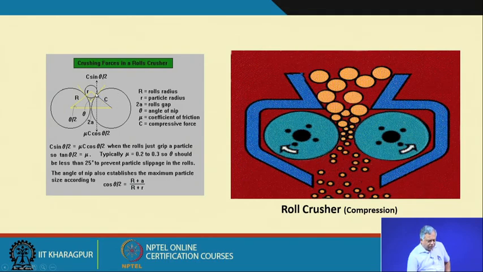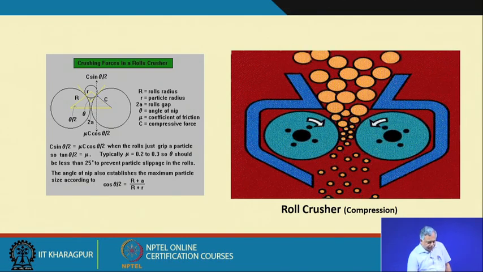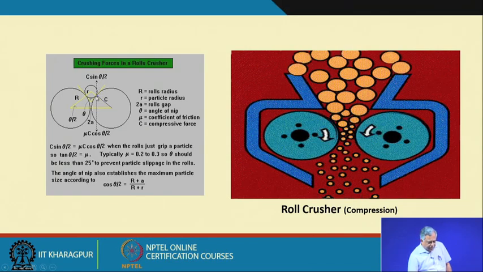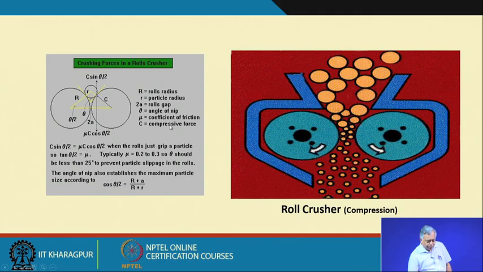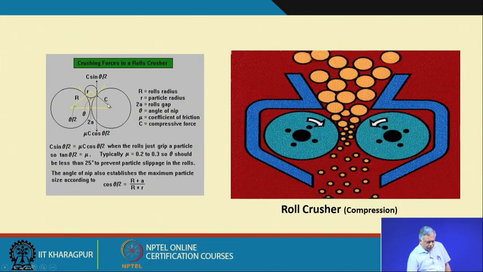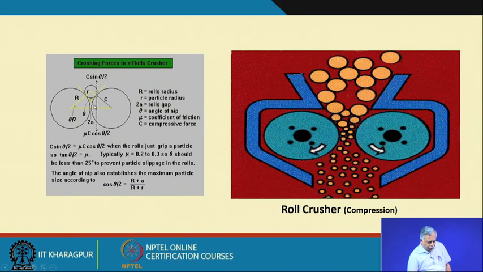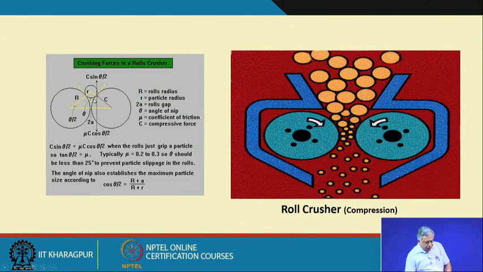We can write that C sin theta by 2, the force acting in the normal direction, is balanced by mu, the coefficient of friction between the particle and the roll surface, times C cos theta by 2.